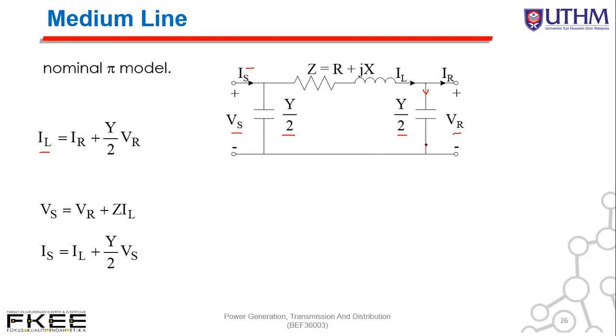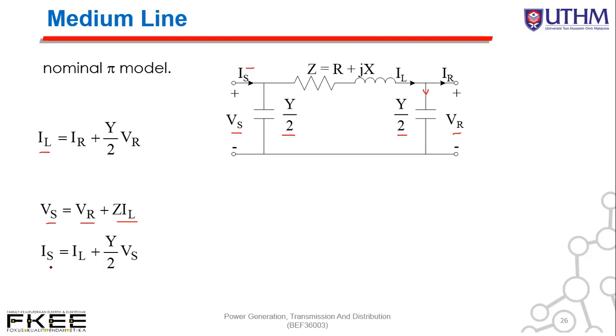And then we can get the voltage at the sending end, Vs, equal to VR, the voltage at the receiving end, plus Z, the impedance of the transmission line, times IL.